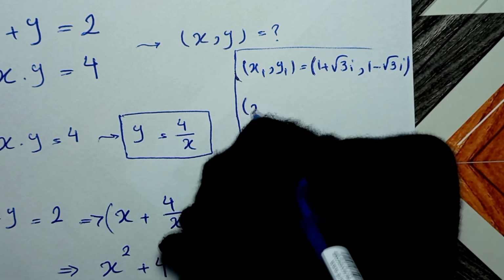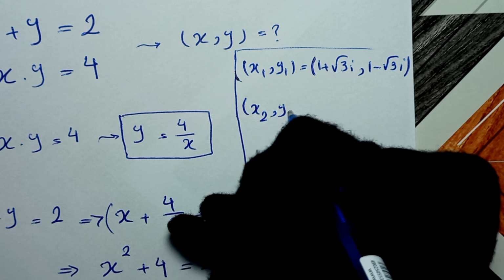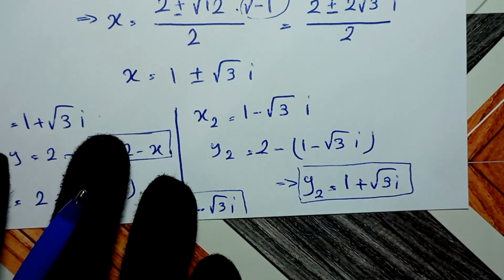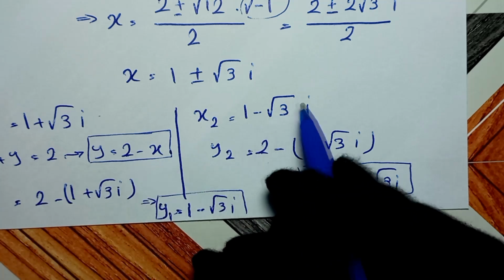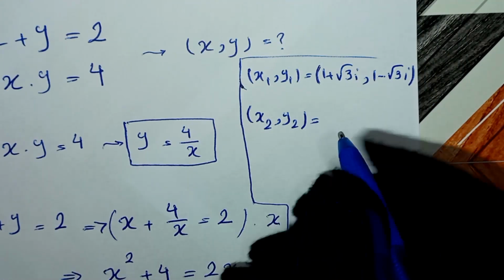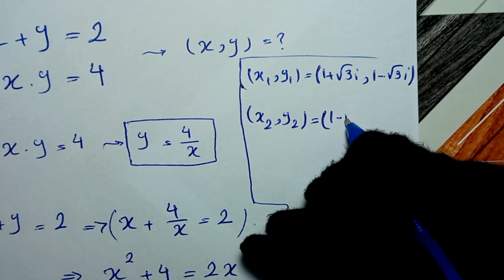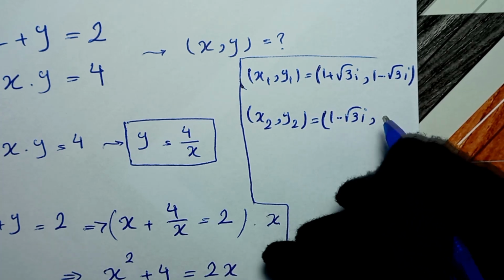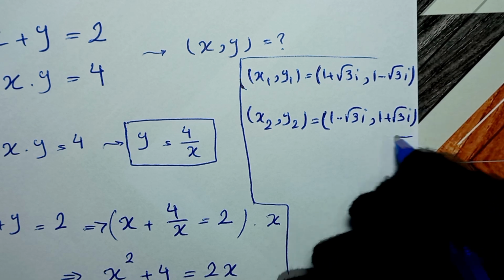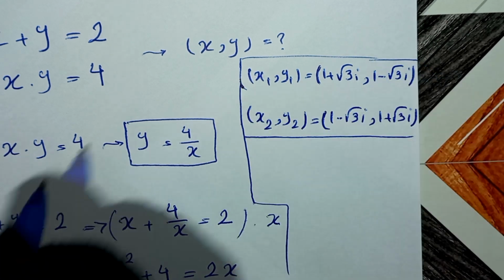And for x2 and y2, x2 is 1 minus square root of 3i and y2 is 1 plus square root of 3i. So we write 1 minus square root of 3i and 1 plus square root of 3i. And this is our final answer.